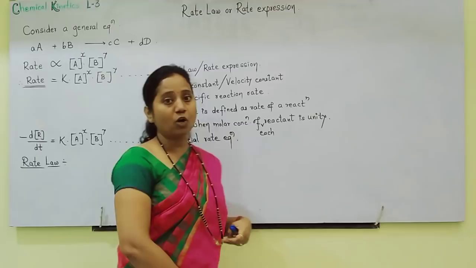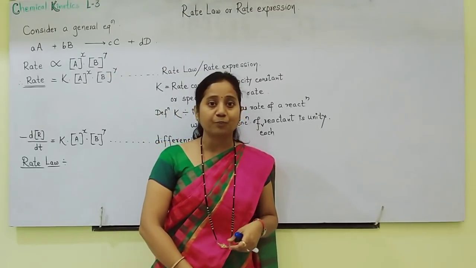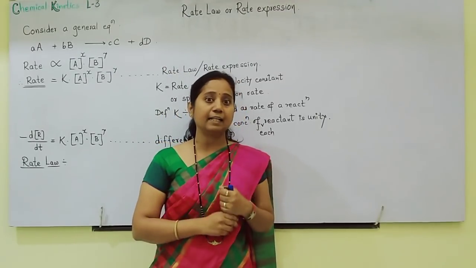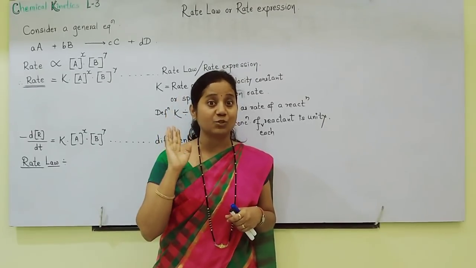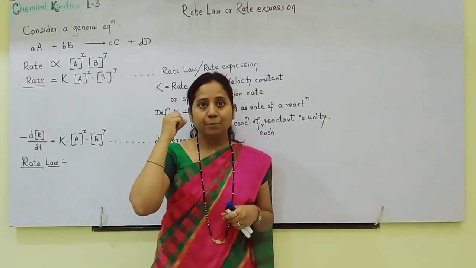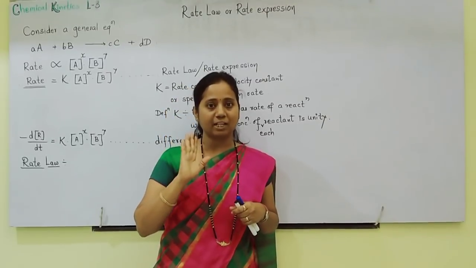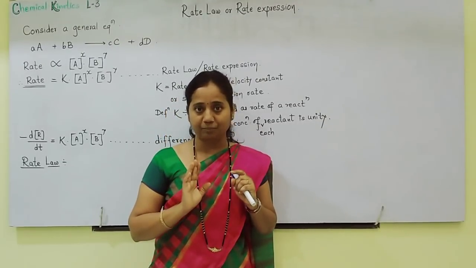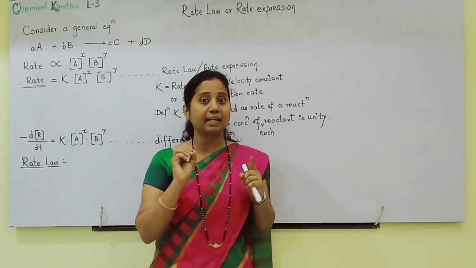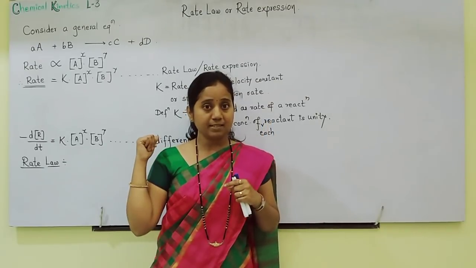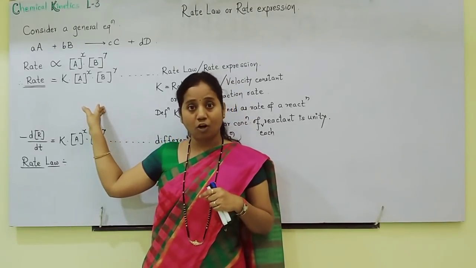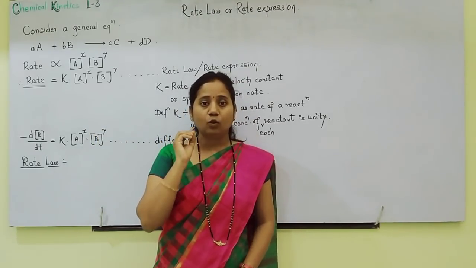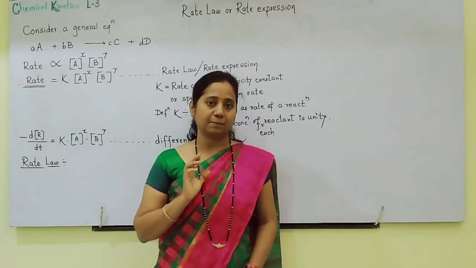Previously, in the previous video, I told you how to write rate of reaction. There we were writing rate of reaction directly, merely looking at the balanced chemical equation. Students, try to understand. That was a theoretical concept. But rate is expressed by rate law. This is a totally experimental concept.